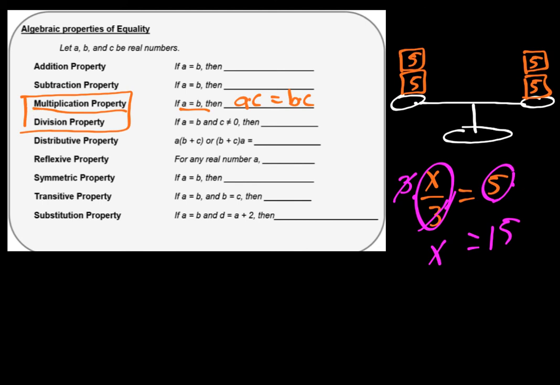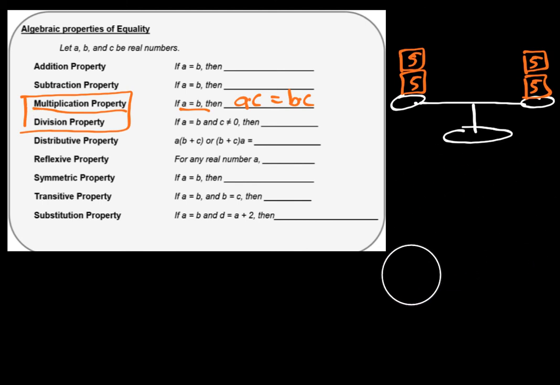Now, if I'm going to do the division property of equality, so the division property of equality, it says if A equals B, but notice, there's something a little bit extra here, and it says, and C is not 0. And I'll explain why that's important here in a minute. But if A equals B, and actually I'm going to write it down here.